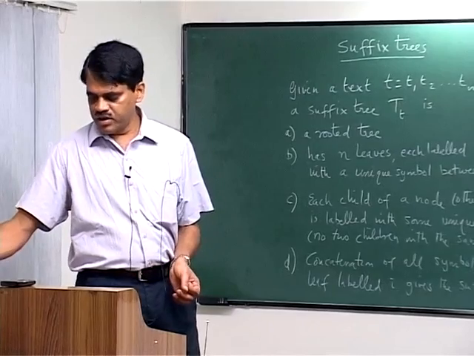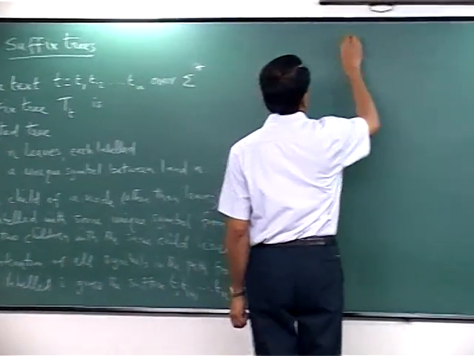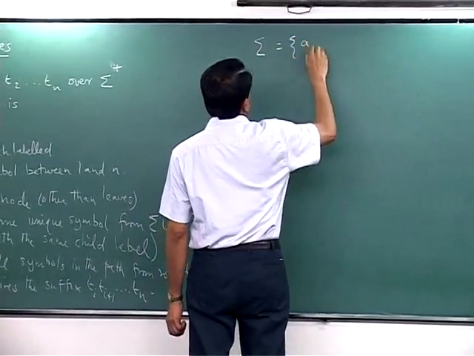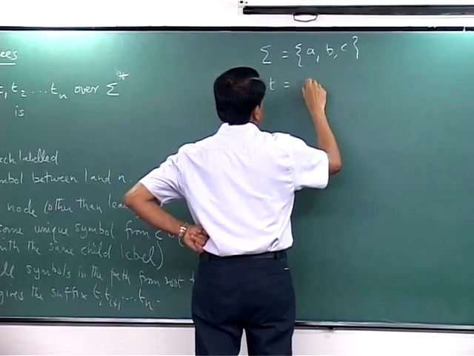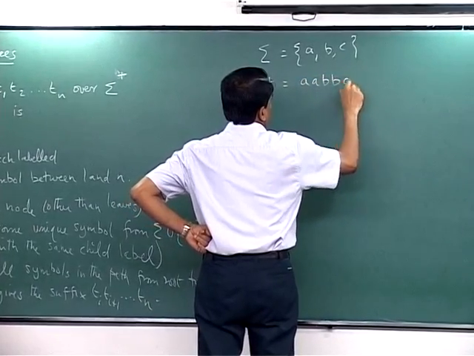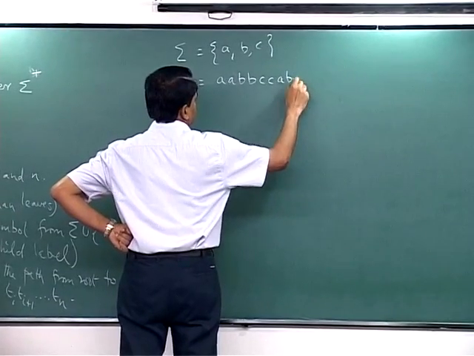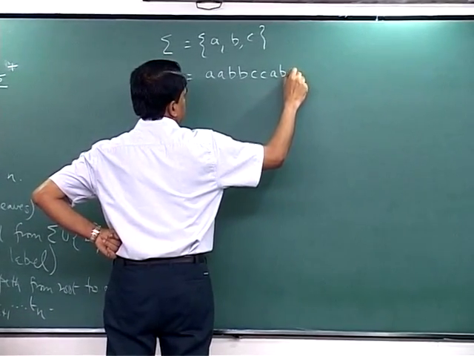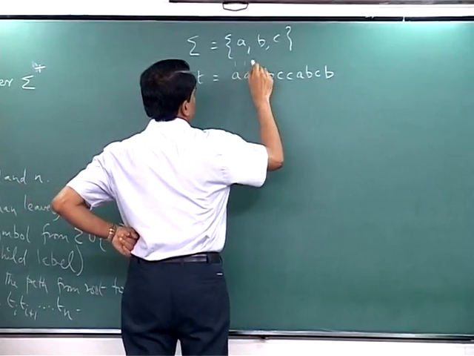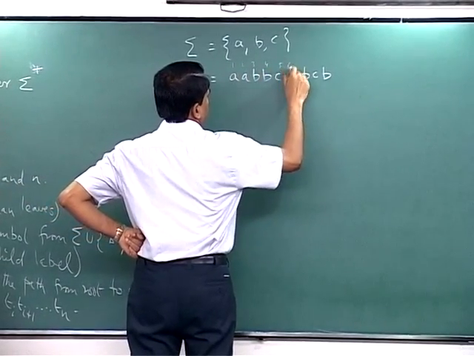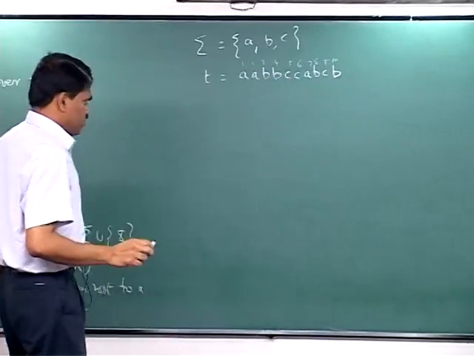Let's see an example. Say sigma is A, B, C, and your text is, let's say, positions 1, 2, 3, 4.